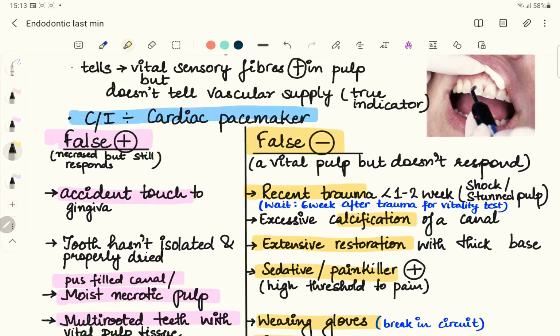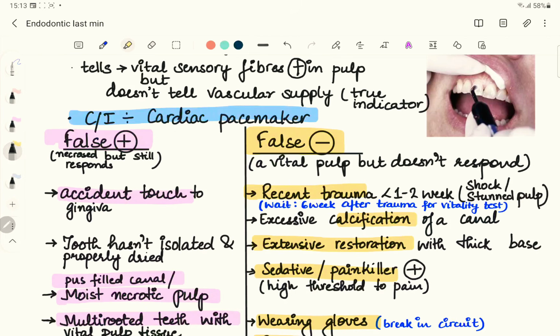For example, the patient has taken a painkiller, so he doesn't feel any electricity, but still the pulp is vital. Or if the patient has undergone recent trauma within 1 to 2 weeks, we see a shocked or stunned pulp.